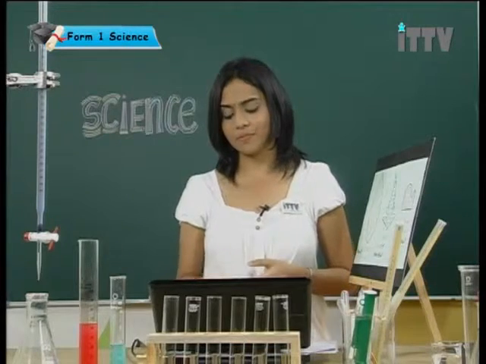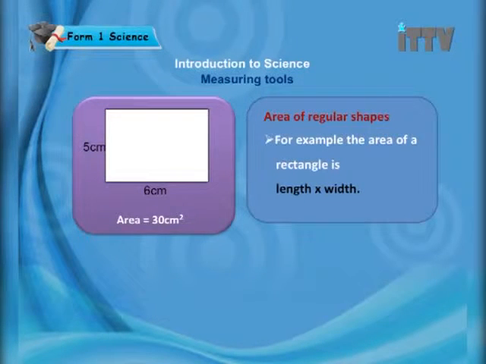Let's see further. The area of a rectangle is length multiplied by width. This is the exact formula that we used for the square. You don't have to wonder why, but the formulas are the same for square and rectangle. Have a look at the picture. We have got two sides, one is 5 centimeter and the other one is 6 centimeter.